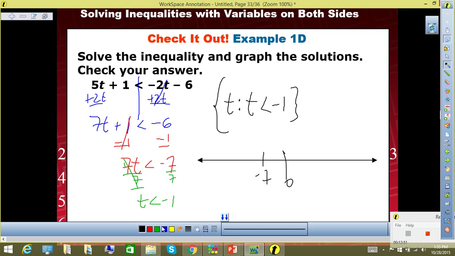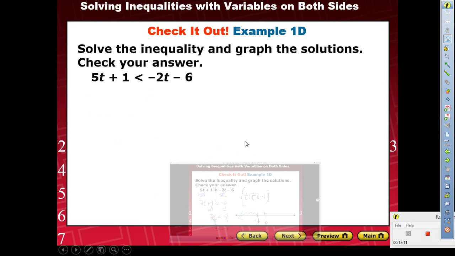Is it an open or closed point? Open. And which direction? That is correct. Hands up if you got all of those 3. Okay, good. All right, so we got this, right? All right, let's move on to some funner stuff.